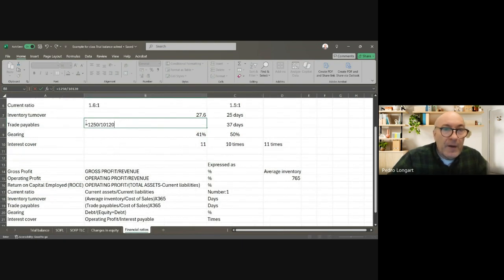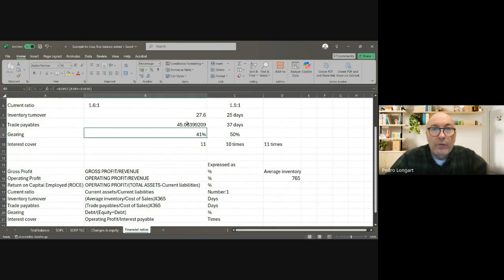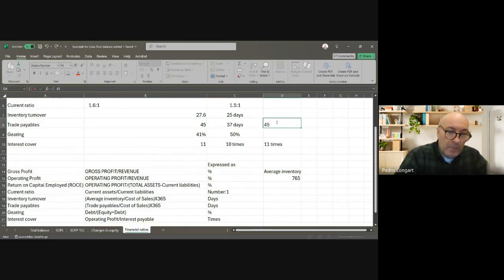And this is expressed in days, so I have to multiply by 365. That gives me 45 days, so I'm going to put here 45 days.